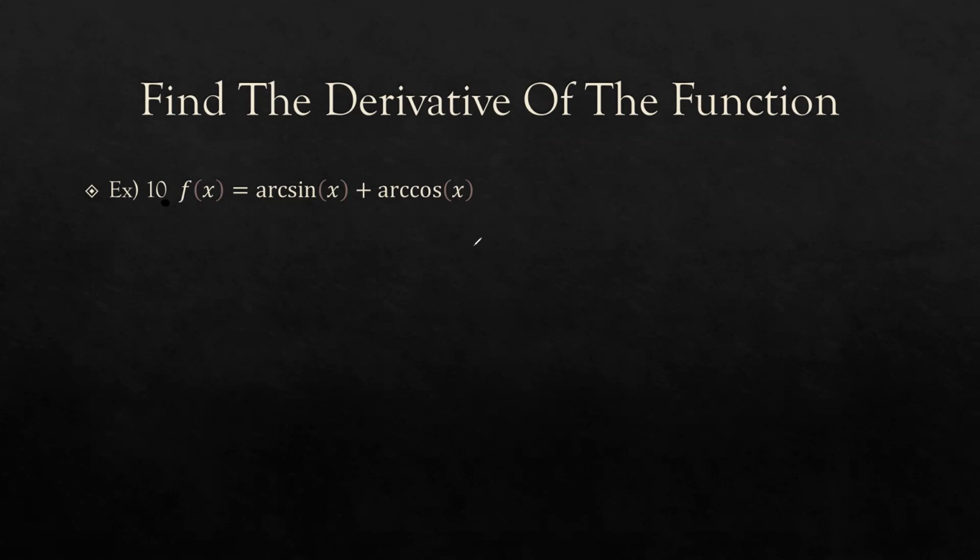I don't think we need to apply the product rule because this is actually one thing, right? But we do need to know the derivative of arc sin x and the derivative of arc cosine x. So what is the derivative of that? The derivative of arc sin of x is x prime over square root of 1 minus x squared.